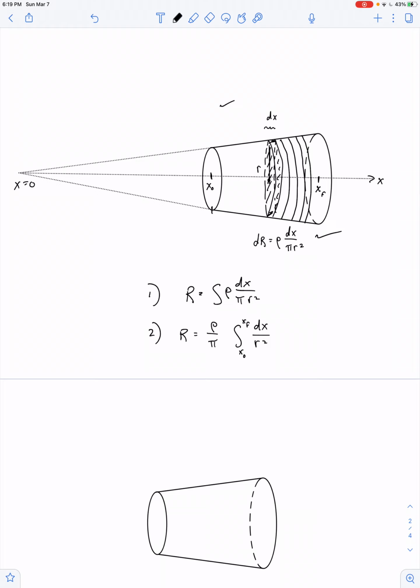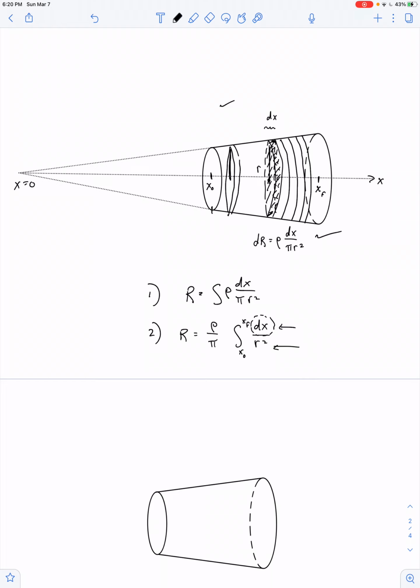Although we might change variables. Anyway, we clearly have two variables, both r and x. Let's pick a slice here. The radius of that one is definitely less than the radius of the slice we highlighted, so as x changes, r also changes. So the trick here is to get r and x in terms of one single variable.